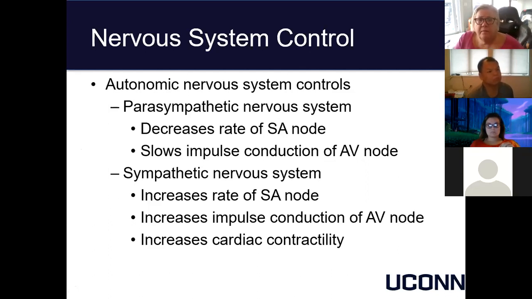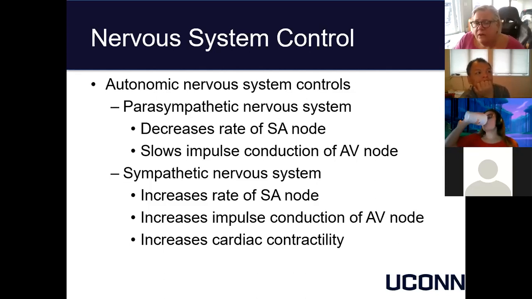That is what can decrease the rate of the SA node, and it slows the conduction through the AV node, or atrioventricular node. The sympathetic nervous system increases the rate of the SA node, increases the AV node.